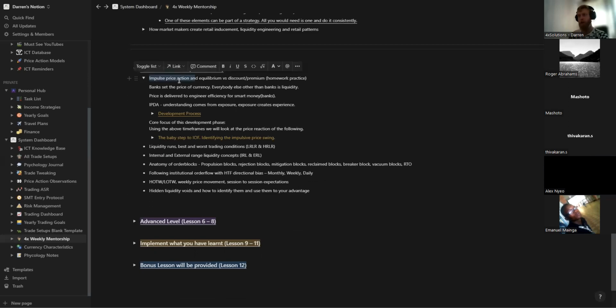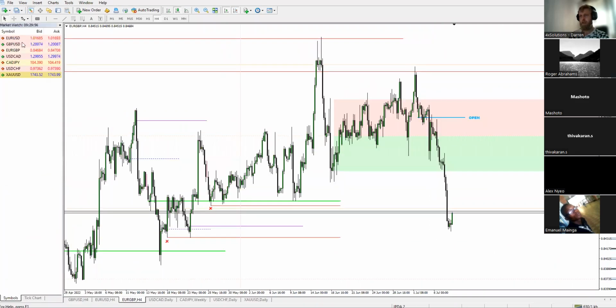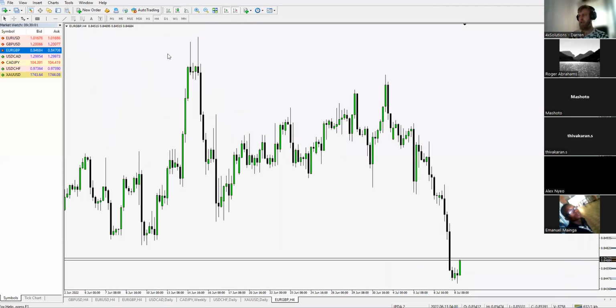Okay, so an impulse price action is, let's just look over here. Generally an impulse price action is something like we can see over here. Let's just get a clean chart here so we can stick on that pair. That's Euro GBP. So an impulse price action is on all time frames. It's all over the chart.